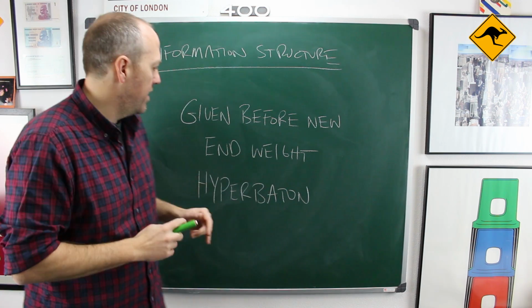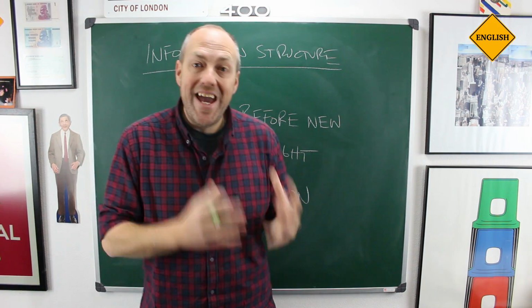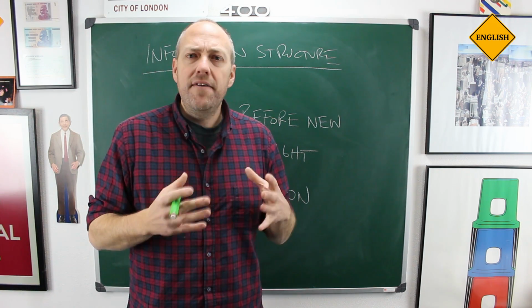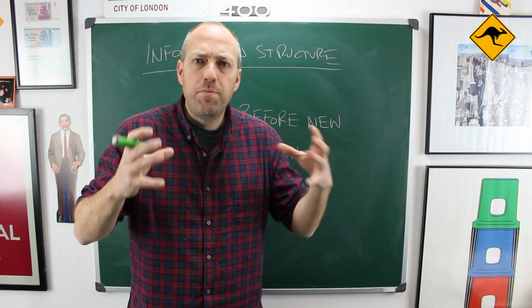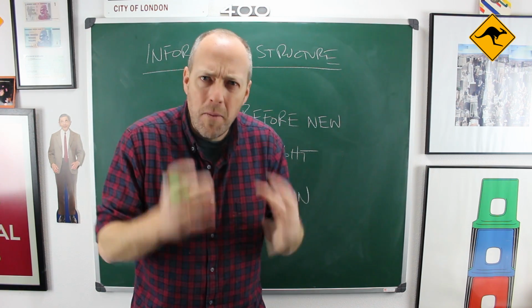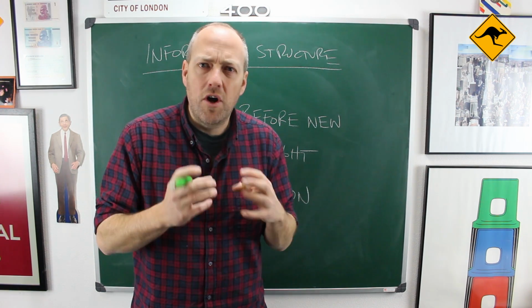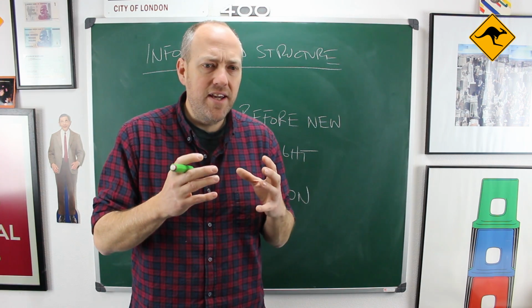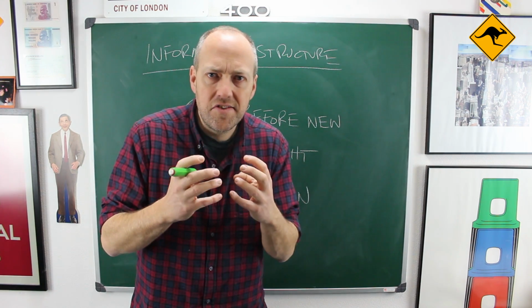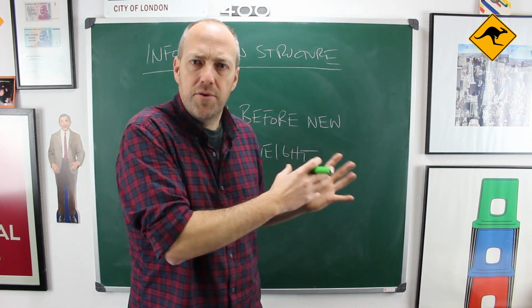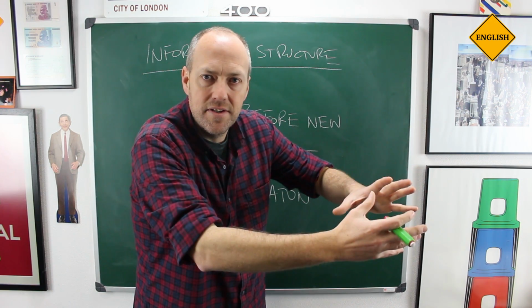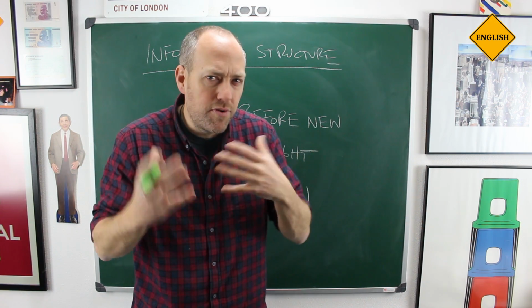Okay? The second thing is end weight. If we have a group of words that's very complex, or a concept that's very dense, then we prefer to put this at the end, so it's easier to process.